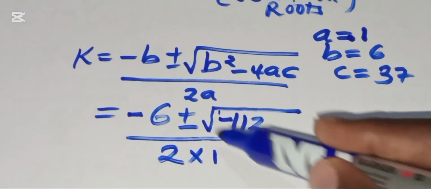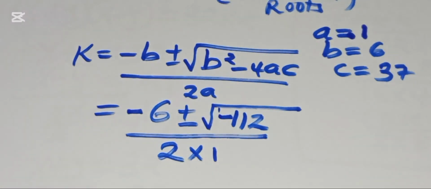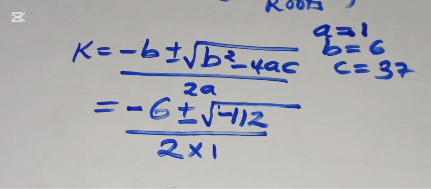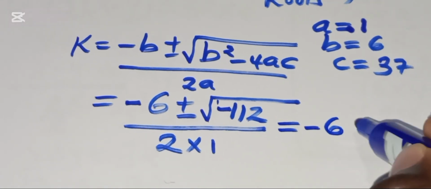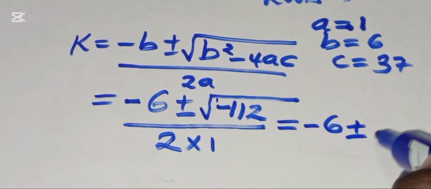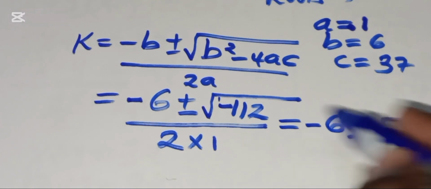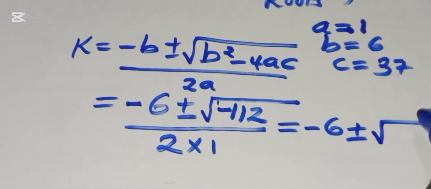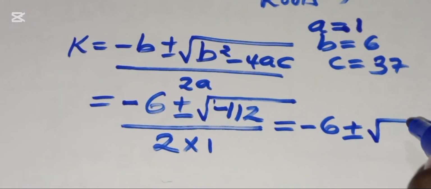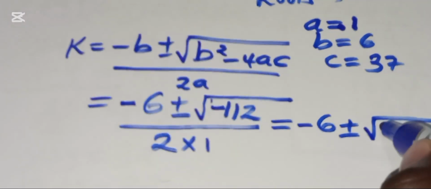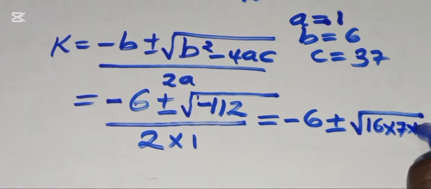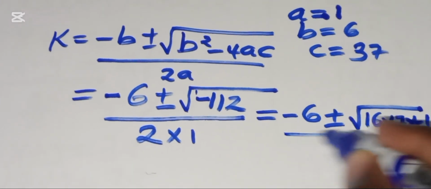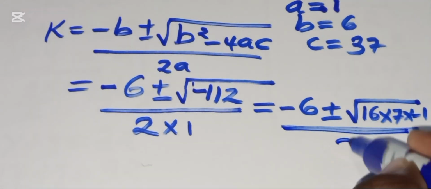So this is the same as the discriminant value that we calculated, which is b squared minus 4ac. So you're going to have negative 6 plus or minus the square root of negative 112. Negative 112 can be expressed as 16 times 7 times negative 1, divide everything by 2.